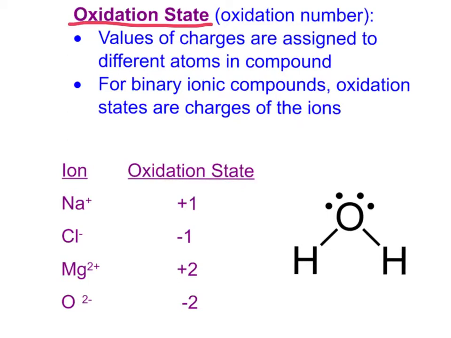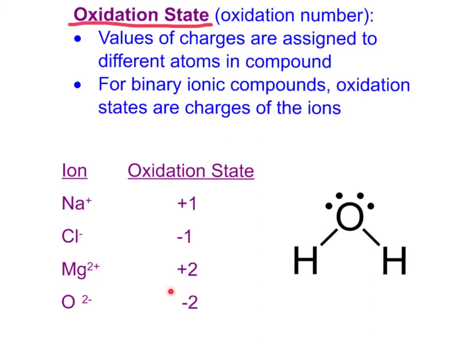It would be the charge that each of those possess. So for binary ionic compounds, it's really easy. The oxidation states are simply the charges of the ions. For example, sodium plus. The oxidation state is +1. The chloride ion, it's just -1. Magnesium 2+. Oxidation state is +2. For oxygen, for an oxide ion, it's 2-, it's -2 for the oxidation state.